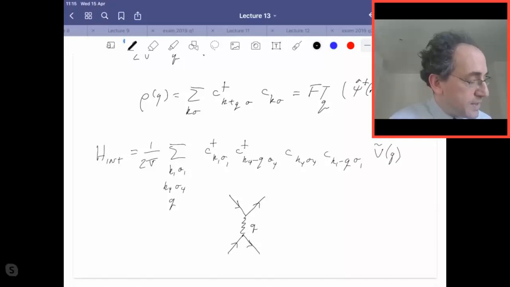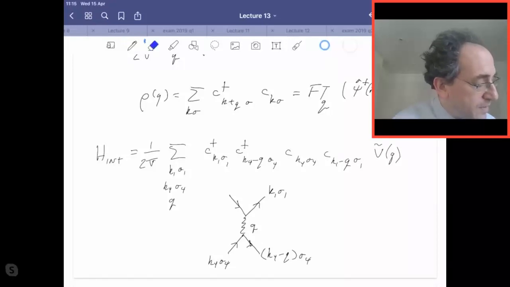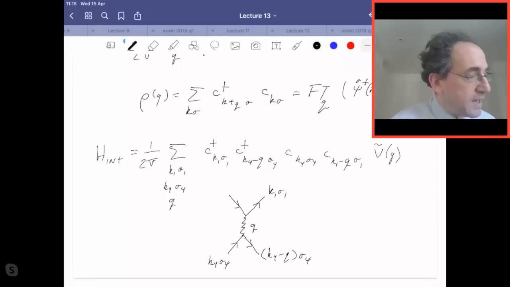So this is K4 sigma 4 coming in, K1 sigma 1 going out, and K4 minus Q sigma 4 coming out. Draw that arrow better. This is coming out. And going in is K1 minus Q sigma 1.